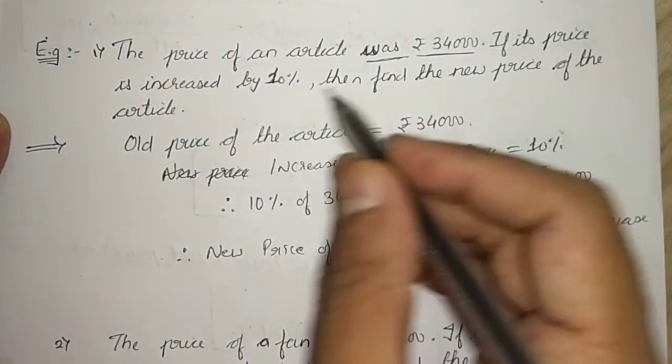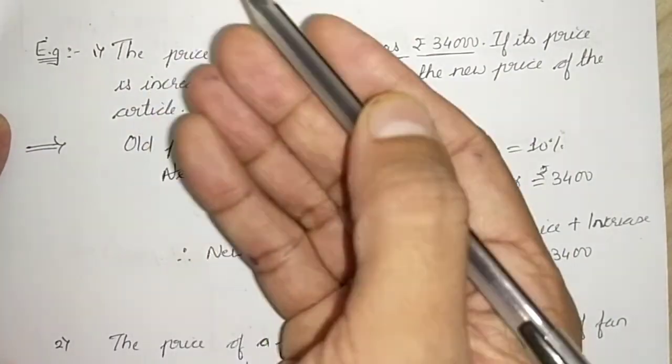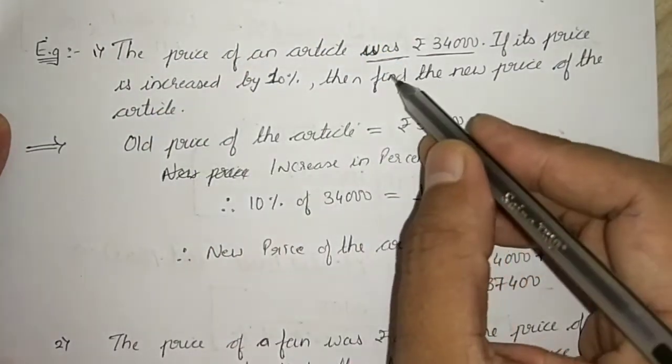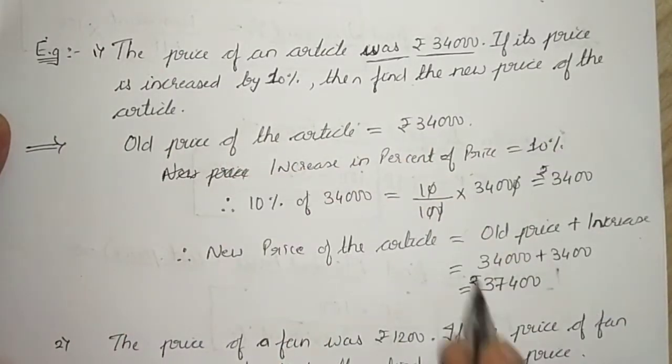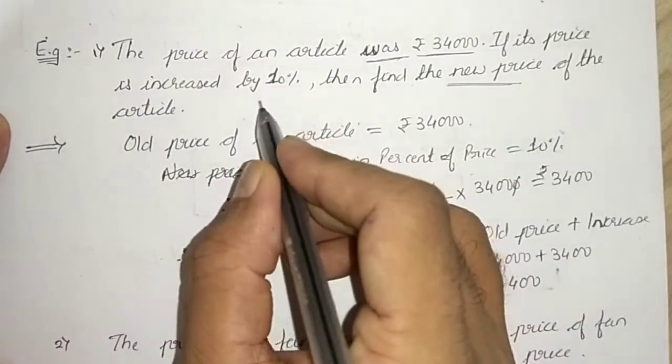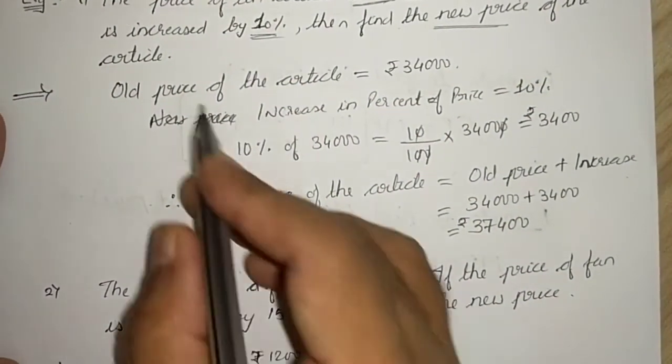If its price is increased by 10%, then find the new price of the article. We want to find the new price. Here it is an increase in percentage. So how to find it? We will write the old price.